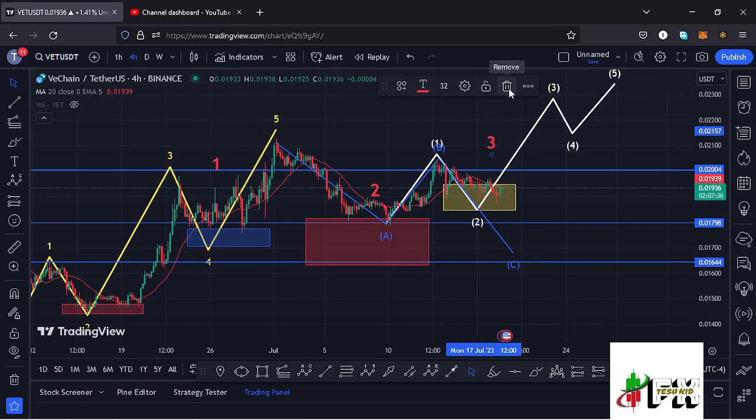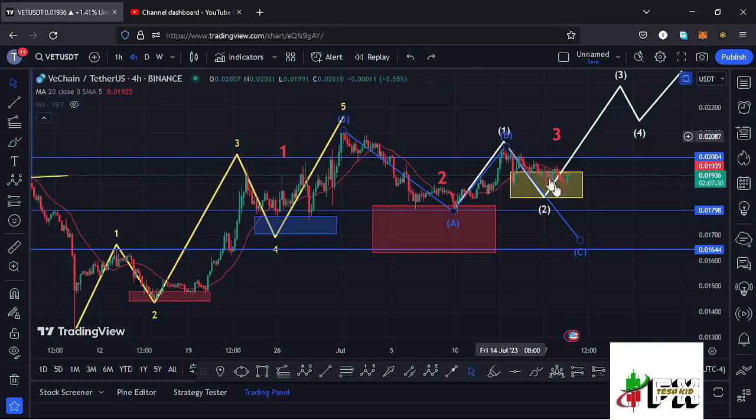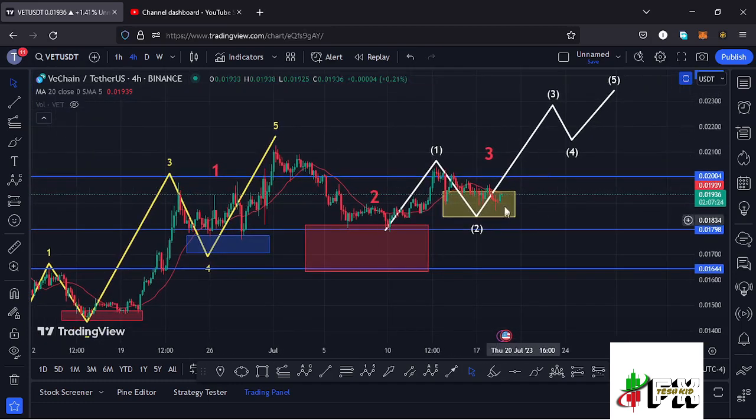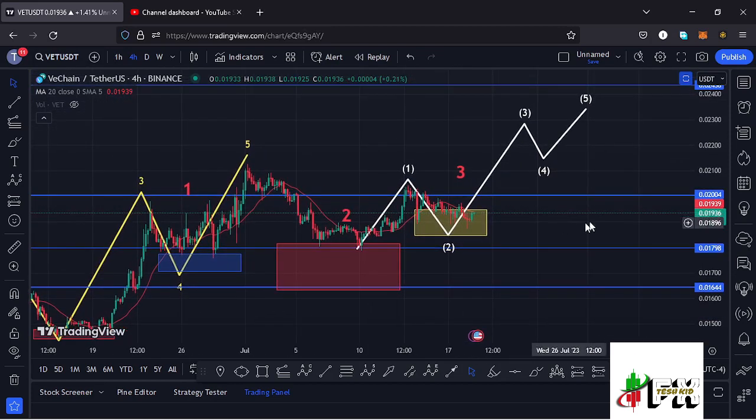But for now, I strongly believe that we have a low in place for the second wave, and there are high chances that whatever we are seeing at the moment is the start of this impulse in the formation of this wave 3. As long as you continue holding within this yellow target area, that is my primary scenario.